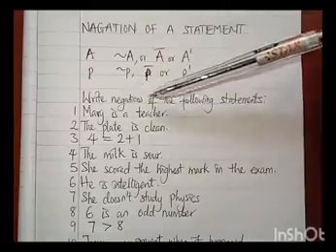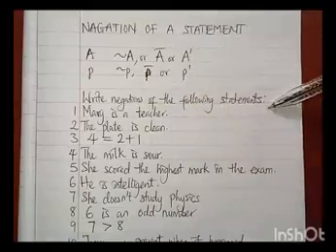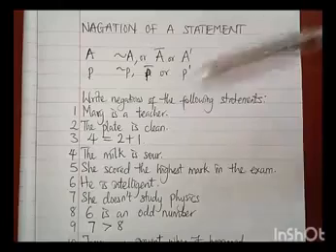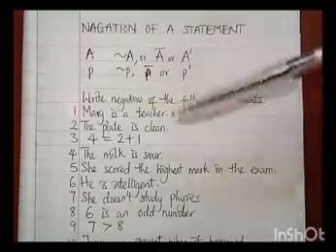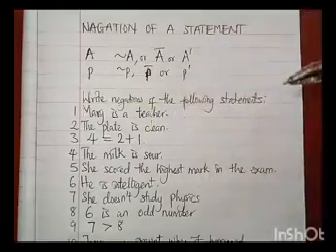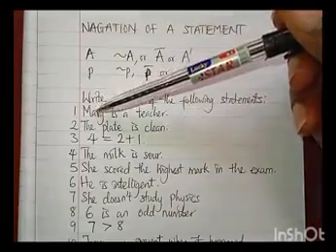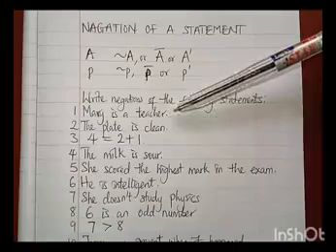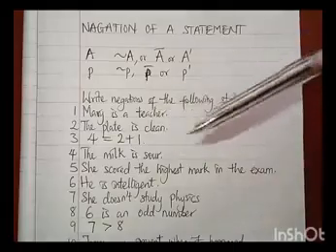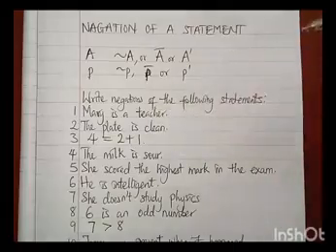So write the negations of the following statements. Let's use these examples to learn how to write negations of statements. Mary is a teacher. We can say Mary is not a teacher to negate that.